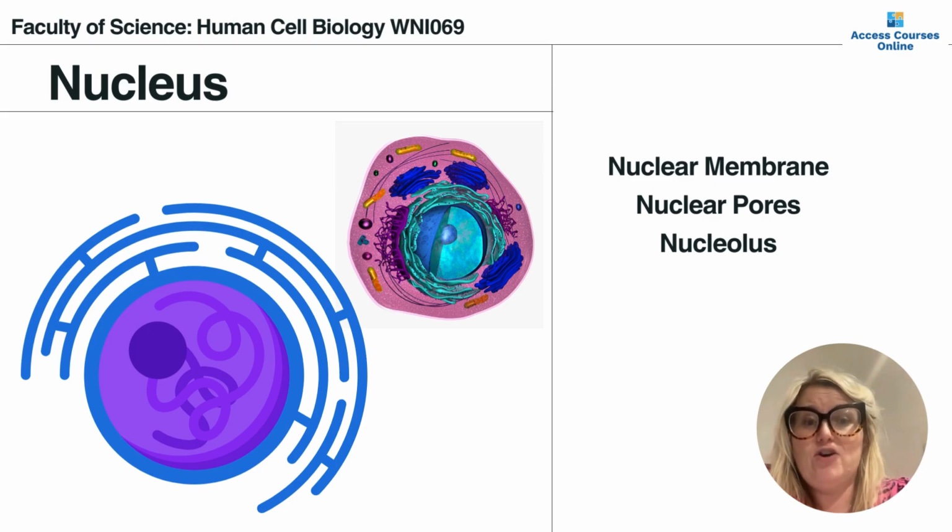So then we have our nuclear pores. Our nuclear pores are scattered around the nuclear membrane, and there's numerous small openings. Now these small openings are crucial to controlling what moves in and out of the nucleus. And they allow the passage of important molecules like RNA and ribosomal subunits, which are needed for a process called protein synthesis.